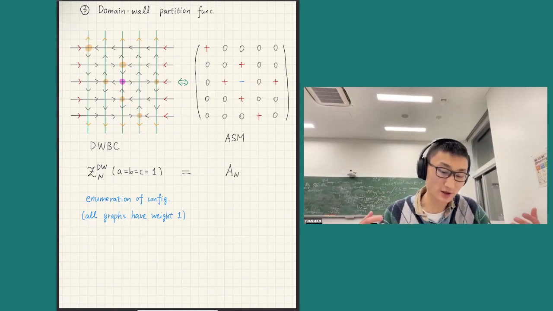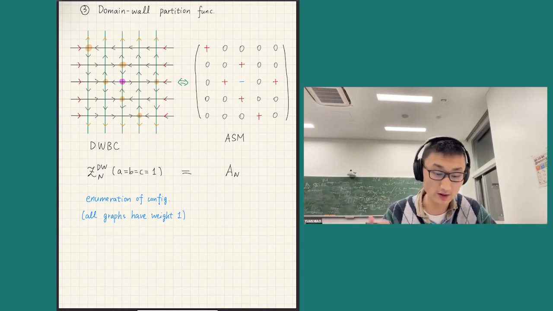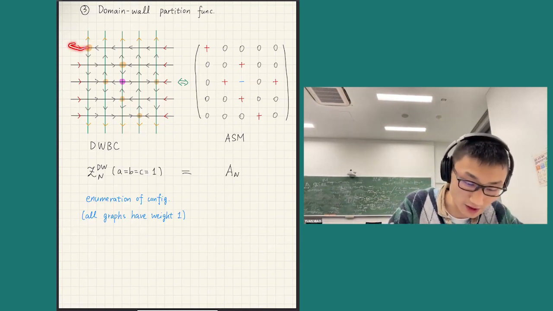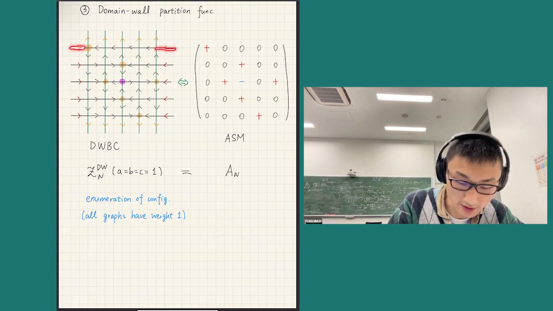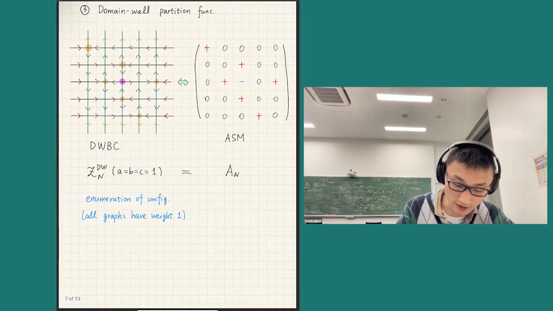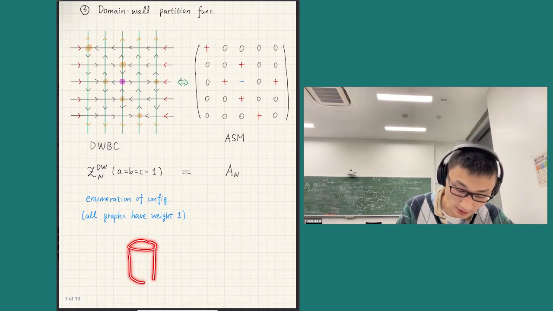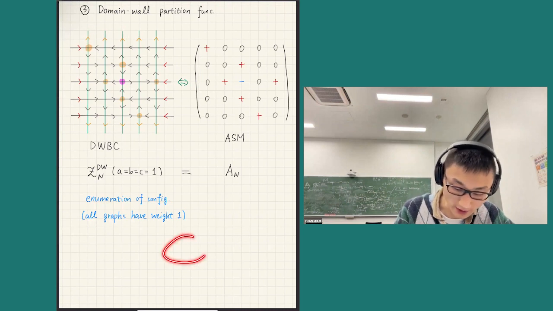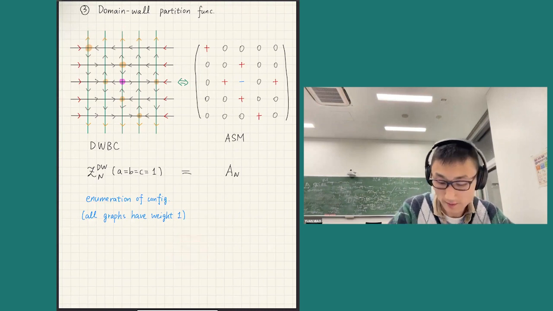For example, one simple example is to consider a periodic boundary condition in this horizontal direction. Periodic means that you identify these vertices with this one, so it's like putting it on a cylinder. Or we can also consider periodic boundary conditions in both directions, and then we are essentially on the torus, etc.